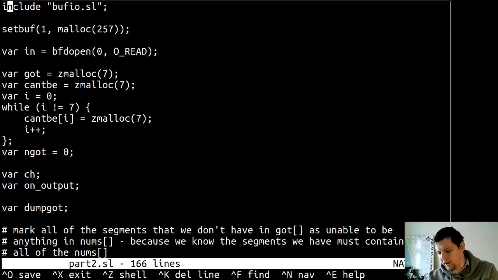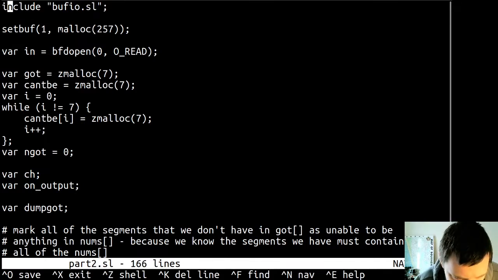So let me just write down all of my globals. So got is an array of 7. Can't be is an array of 7 sevens, 7 arrays of 7s. Got is an integer.